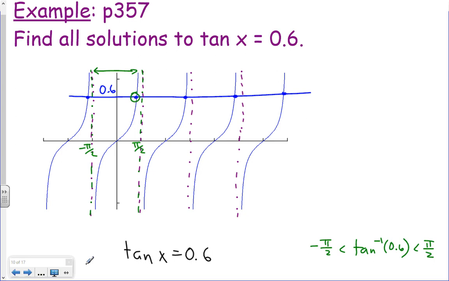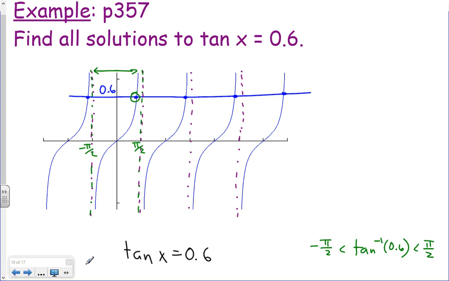Now, the problem is I don't want just one solution, I want all of them. So how do I find the rest of these? Well, when we're dealing with arcsine and arccosine, we said the thing to do is add on multiples of the period. And for those two functions, the period of those functions is 2 pi. For tangent, though, the period is not 2 pi. The period is half that.